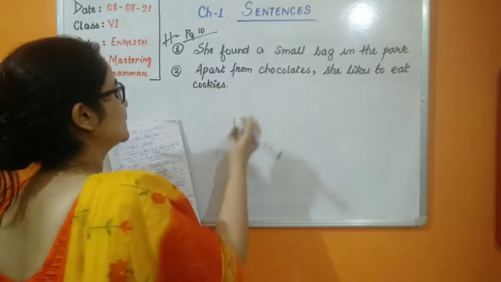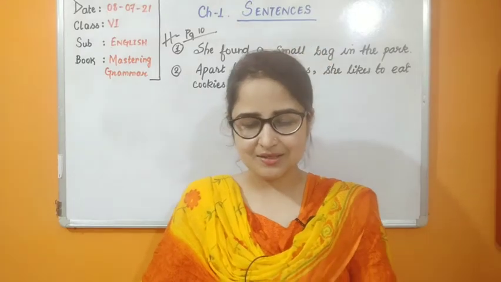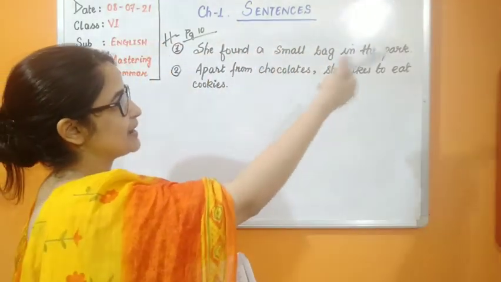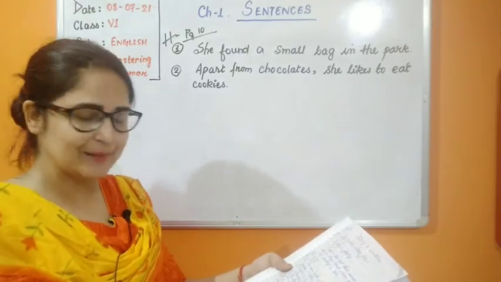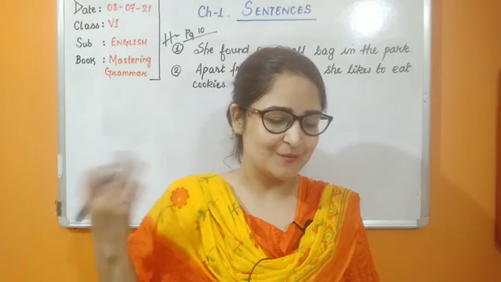Okay children, now moving to number 3. Neha had seen, see, because I wrote in number 1 a small bag in the park. I did not write this one, a black puppy in the deserted street, but you can write it vice versa.